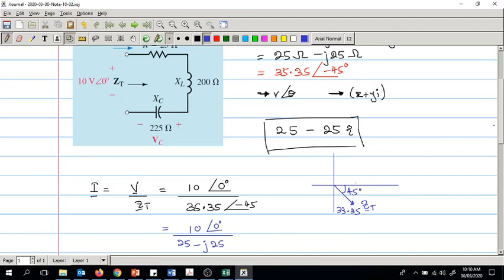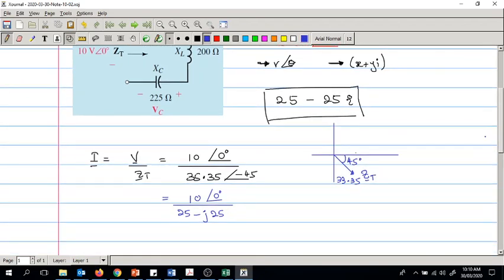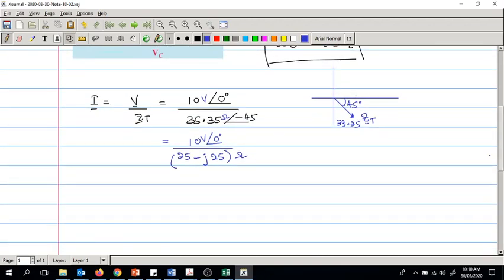So be careful with the volts and things like that. This is volts, this whole thing is in ohms, so your current would be in amperes, right? So now in this case you can divide 10 by this, and the angle will be 45.